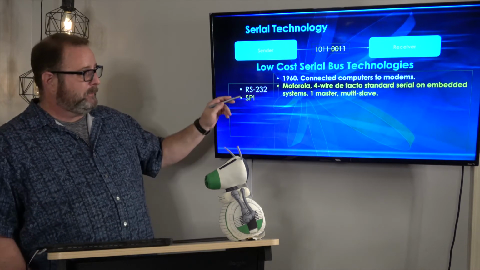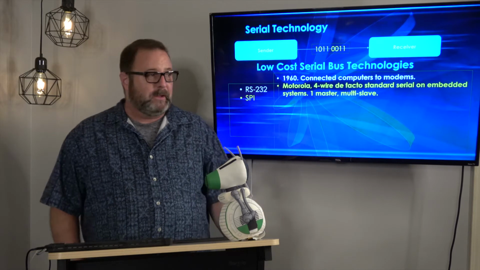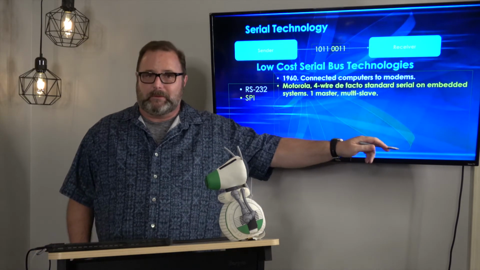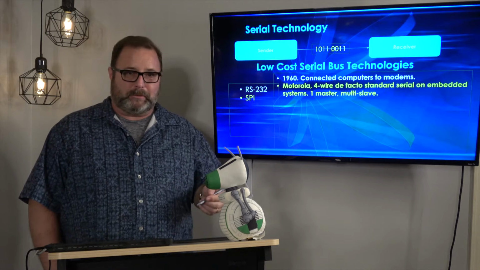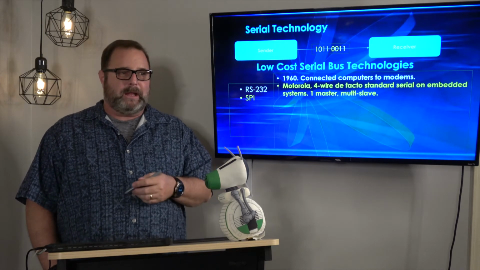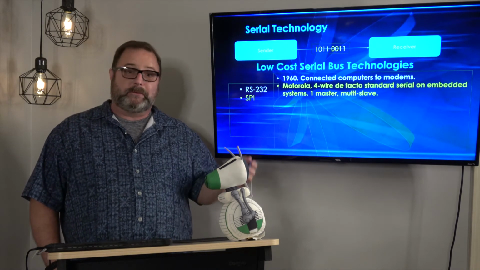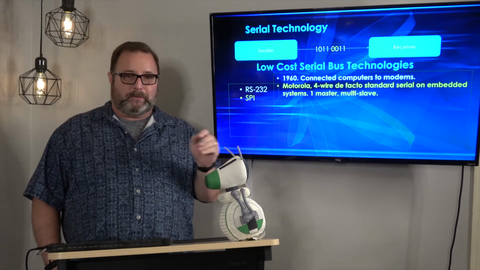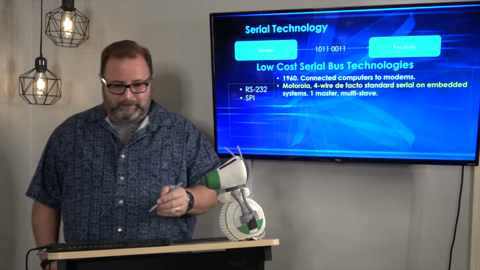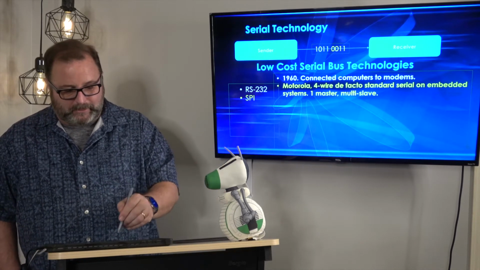And it has one master, and it can have many slaves. So one master can talk to a bunch of different devices. SPI is extremely popular. It's very low cost, and it's fast enough for what it needs to do. It does a lot of onboard communications between different buses. So SPI, you're going to see a lot.